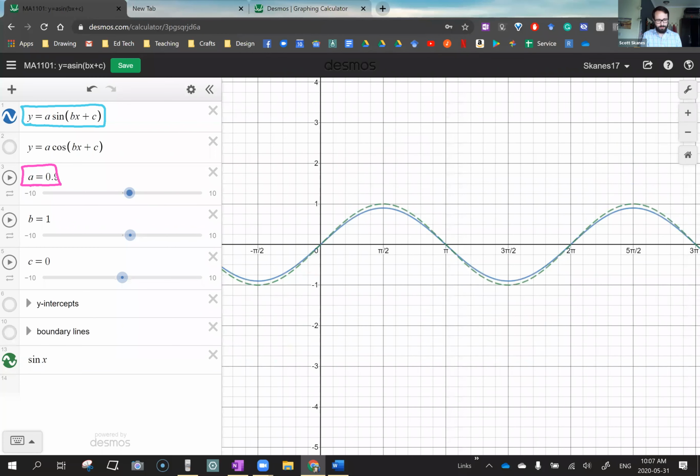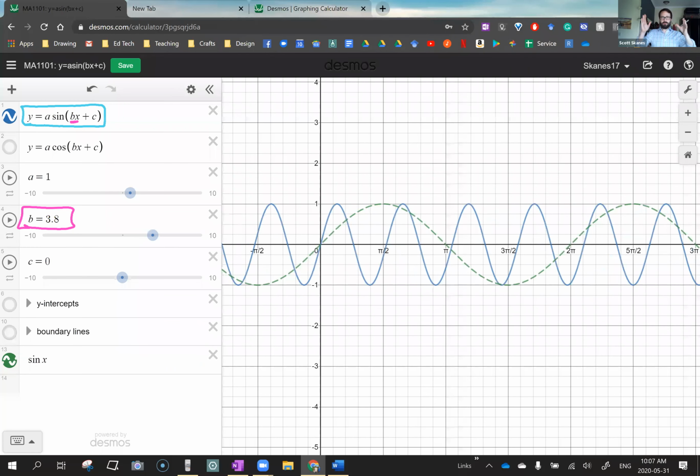And let's see what would happen if I messed with B. Well, hopefully you can see, B is touching the X value. So if I mess with it, it should change the X value somehow. Let's see what happens if I make it big.